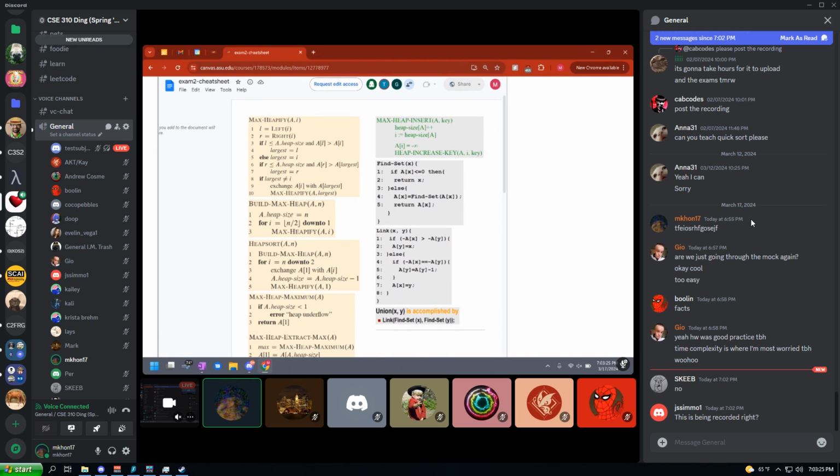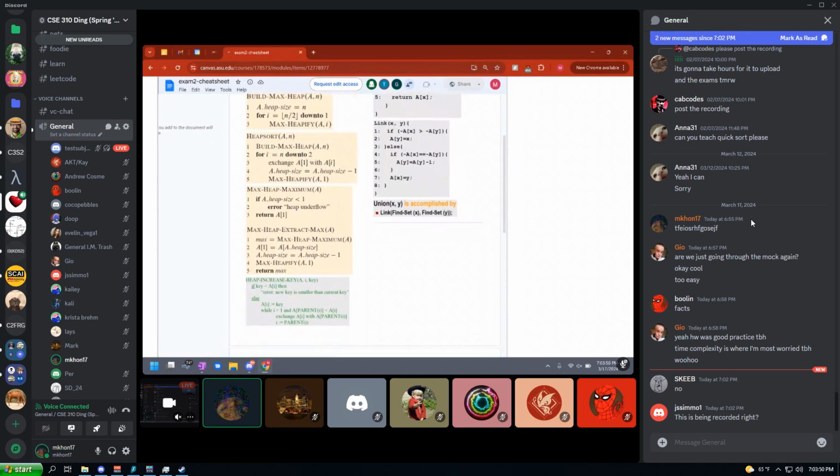From my experience, the only time I really needed it was for the heaps. And that was just because when you delete a node, it doesn't become null. It's different. You'll see that when I get to question 1. So I personally messed that up on the exam, so that's why I remember that. Other than that, I don't think I really needed the pseudocode. So the rest of it should be fine.